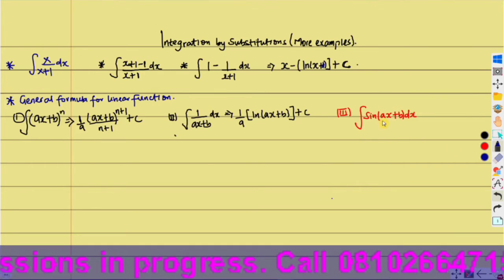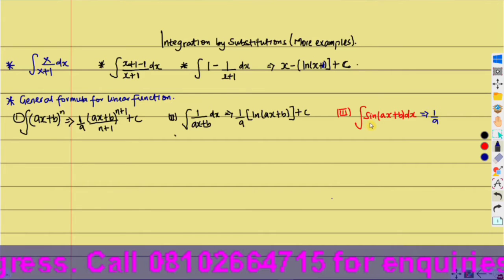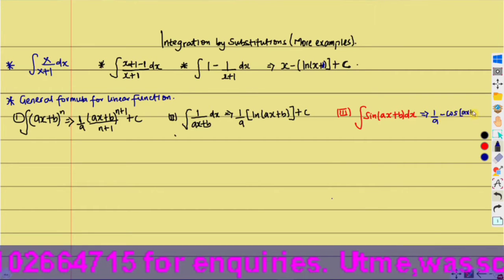As you know, we said it will always be the coefficient of this, so you have 1 by a. When you integrate sine, everybody knows you are going to have minus cos. So you have minus cos of ax plus b, then plus the constant. So it is very, very important to keep these three formulas in mind, so directly you can get answers without wasting time.